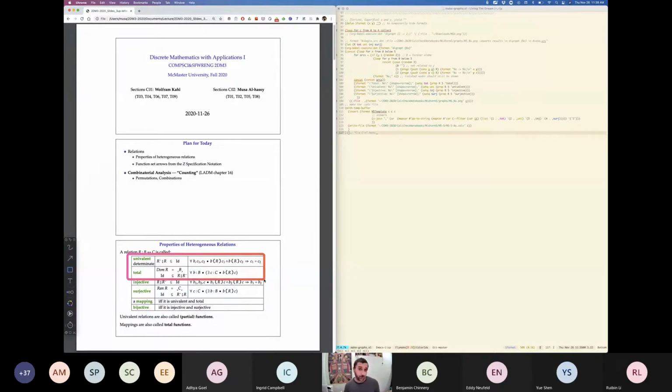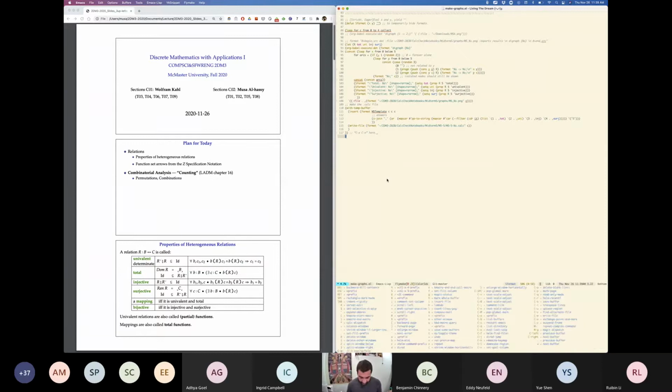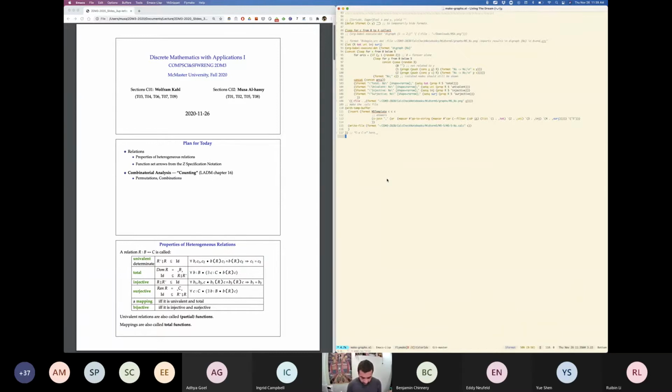Did you write a total program, or does your program crash? Total is like terminating, and univalent is: is your program going to spit out different answers depending on different times of the day, or is it completely determined by its input? So univalent is sometimes called determinate or deterministic, or a partial function. These are really important to know.